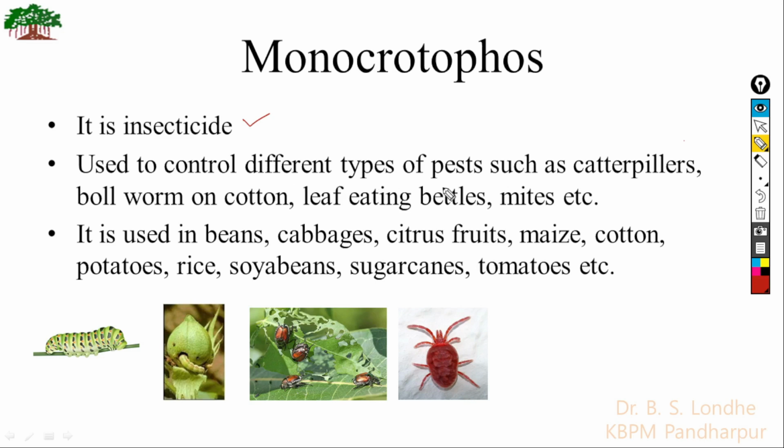It is used to control different types of pests such as caterpillar, bollworm on cotton, leaf-eating beetles, mites, etc. It is used in beans, cabbages, citrus fruits, maize, cotton, potatoes, rice, soybeans, sugarcanes, tomatoes, and in a number of plants like this. So these are the uses of Monocrotophos.